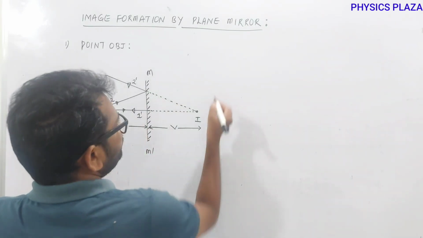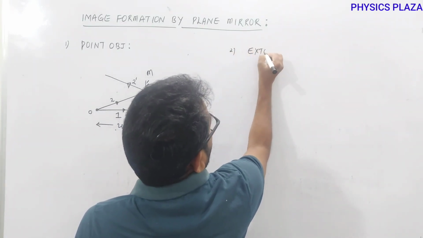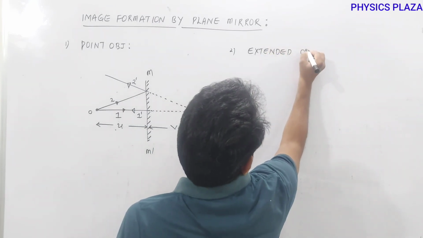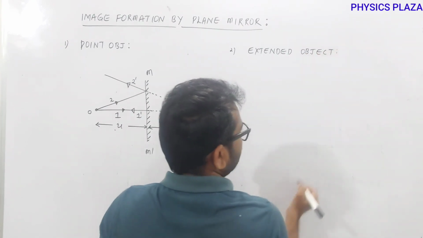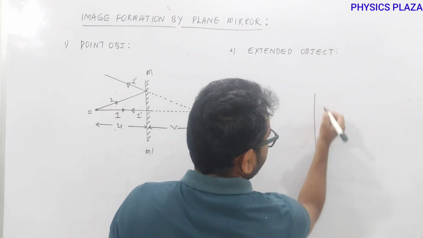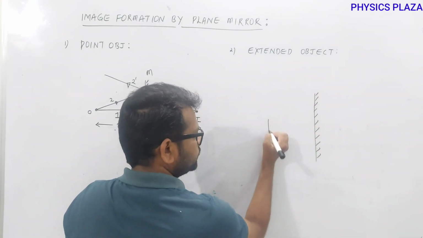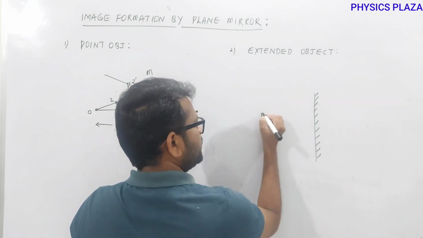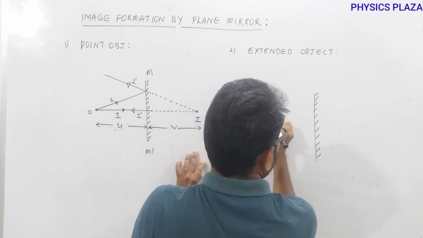Now children, the second one is, let us see how the image is going to form for an extended object. So here, let us take a plane mirror. Let AB be an extended object. Let us draw incident rays.